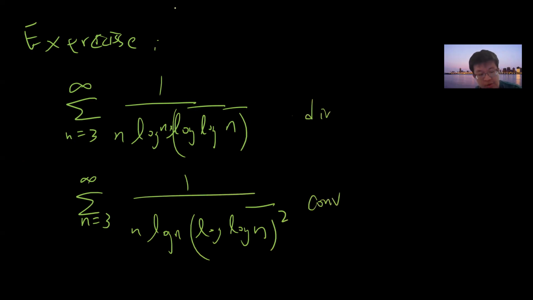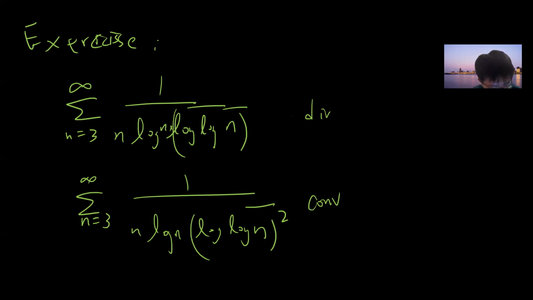And then you can just use the same trick and keep going. Okay, so they are very easy to detect. And there are various sequence and series versions. It's very hard to determine whether they converge or diverge in general.